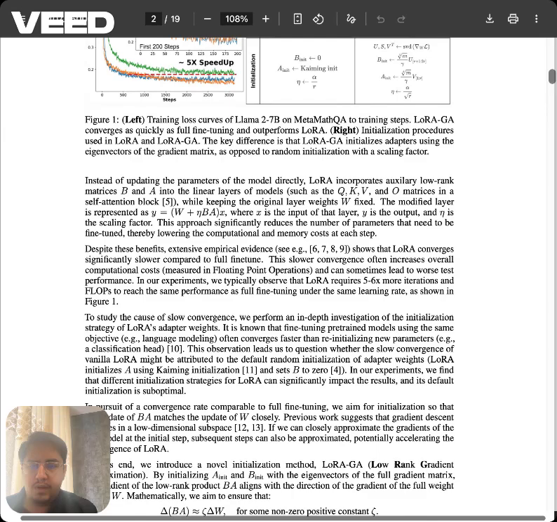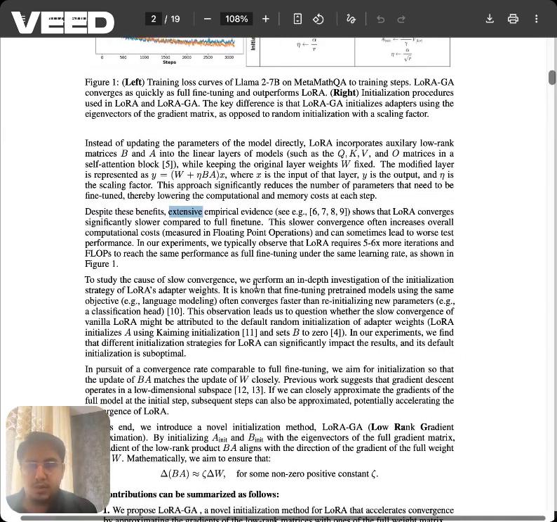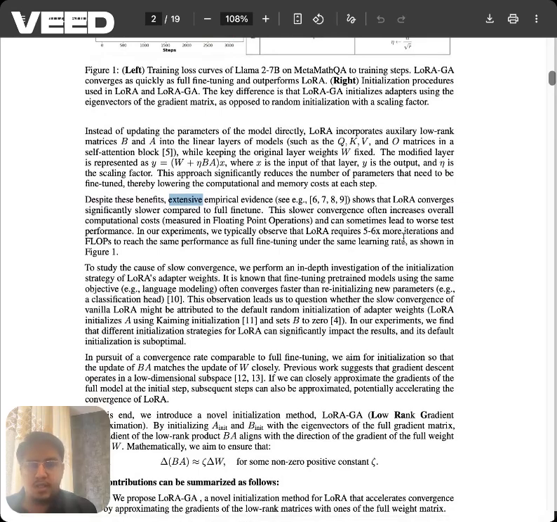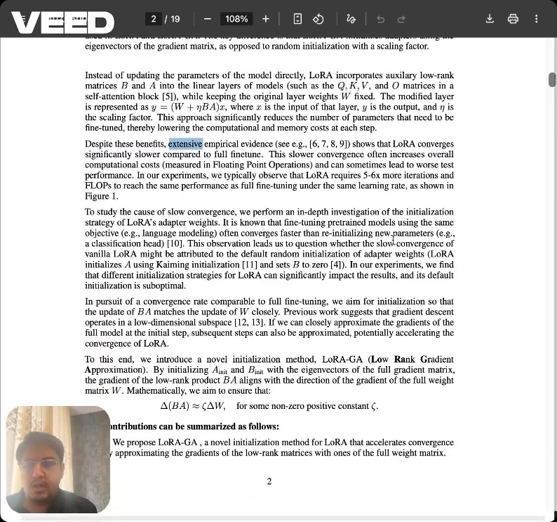In terms of benefits, the authors also note that there's empirical evidence for LoRA's slow convergence, 5 to 6 times fewer iterations, and they explore the cause of this, proposing a hypothesis for how LoRA's initialization might be a cause for the slow convergence.